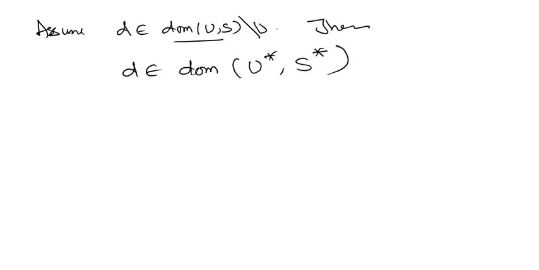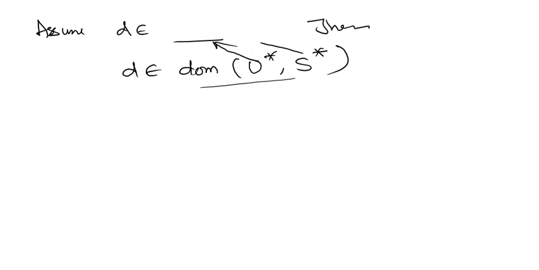This way it's trivial because U star is bigger than U and S star is also bigger than S. So whenever D is in this dominion, then D belongs to this dominion by the closure operator. But the other way, if D is in this dominion, then D must be in the dominion of U star in S star.